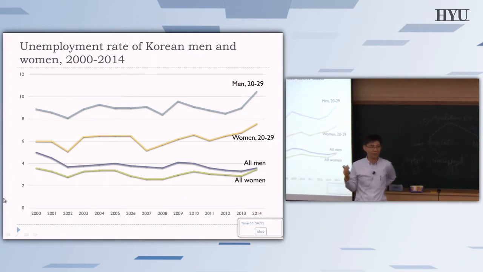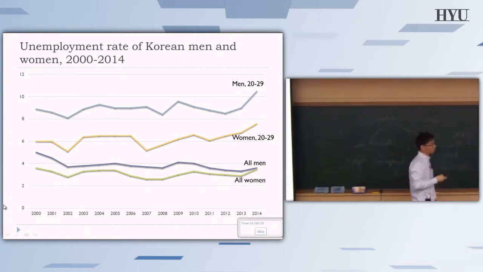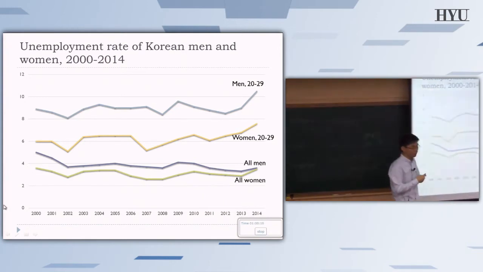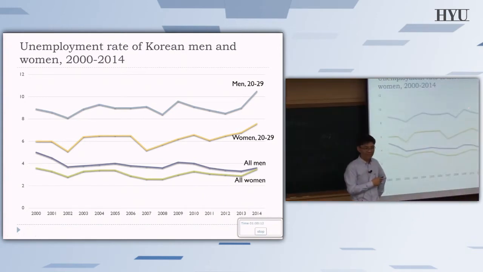But it's not exactly not in the labor force because you should have some job search while you are at school. So every young person, in a sense, will go through a stage of job search. That's the stage of unemployment. So the unemployment rate for young men should necessarily be higher than other groups, the older people, obviously.